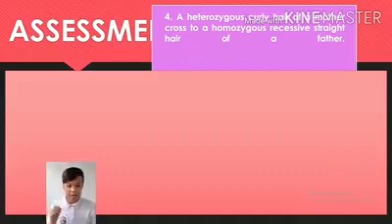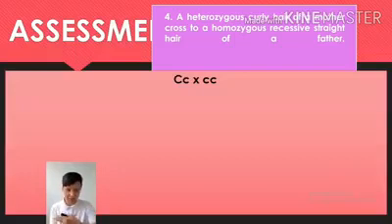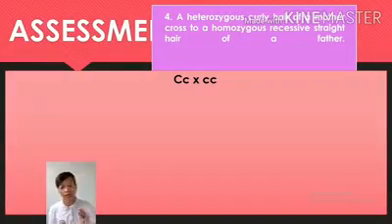Ang lumabas na characteristic sa kanya ay curly hair. Ibig sabihin nun, yung dominant trait ay having a curly hair. So therefore, we'll be using letter C as our label for this problem. So we have a heterozygous, one capital and one small letter C, multiplied to a homozygous recessive straight hair, which is 2 small letter C's.